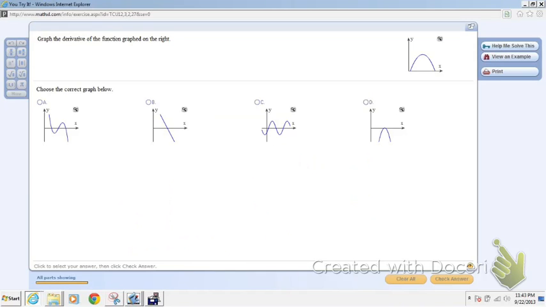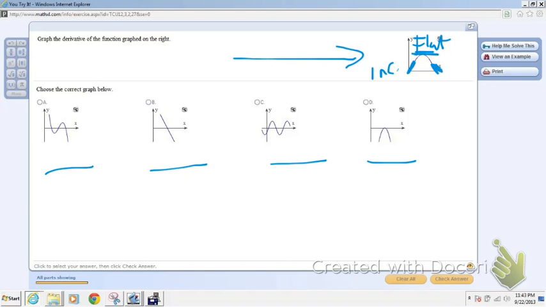I thought this was a good one for all the sort of visual thinkers. Here you have the graph of the function, and then like I said, they're going to ask you to select what's the graph of its derivative. Well, notice the function is increasing, so the little mini tangents would be positive here, and then it's decreasing, and so I'm just going to write here increasing.